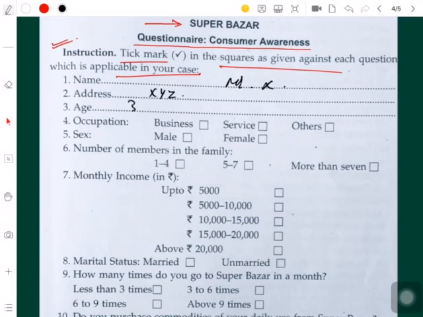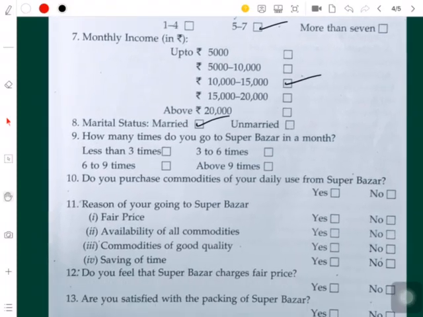Then age, again a demographic question. His occupation, whether he is in business, service, or others, let us say others. His gender, male or female. Number of family members, monthly income, marital status. You must have seen questionnaires like this.